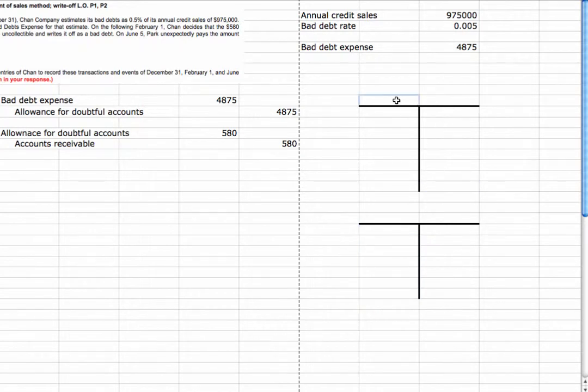What we have here is the allowance for doubtful accounts, and over here, we have our bad debt expense. And maybe we should do one more.